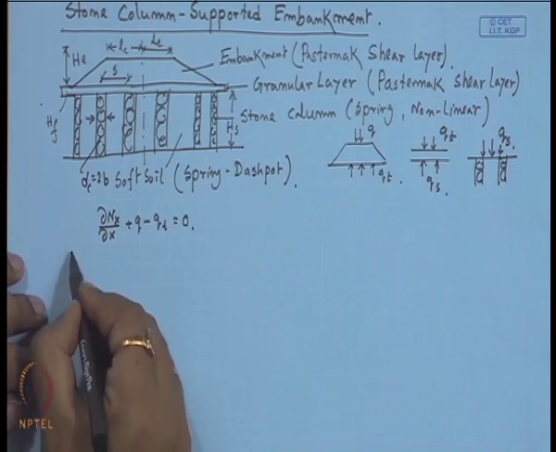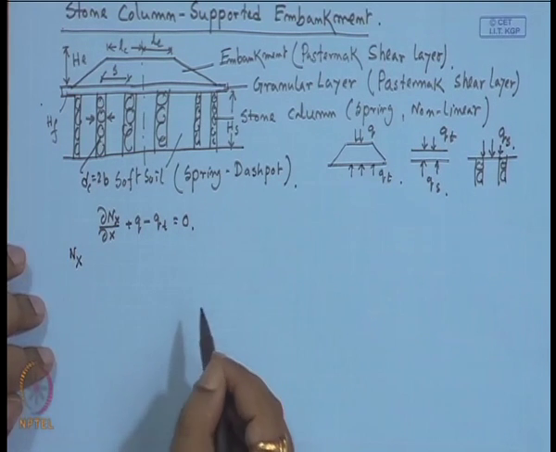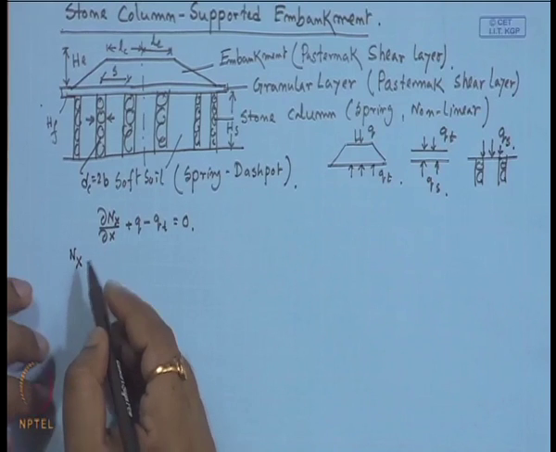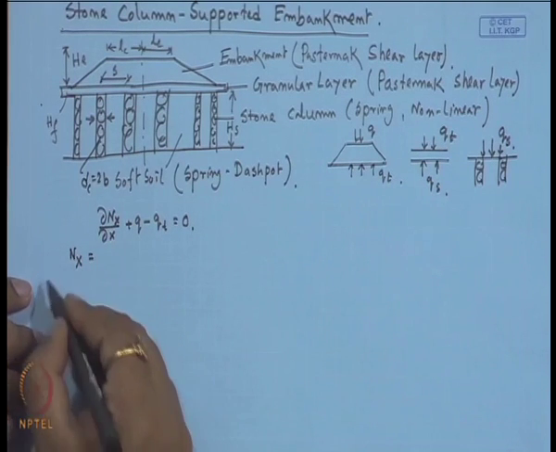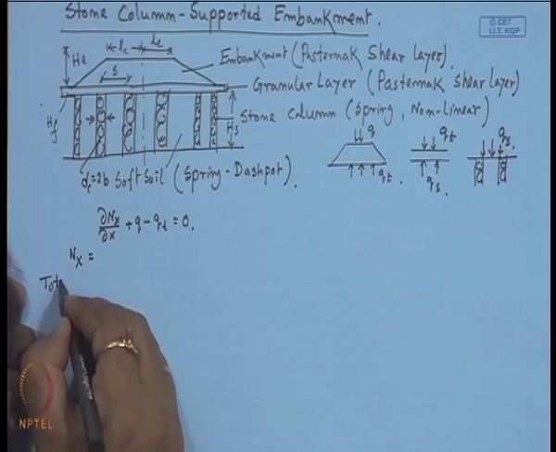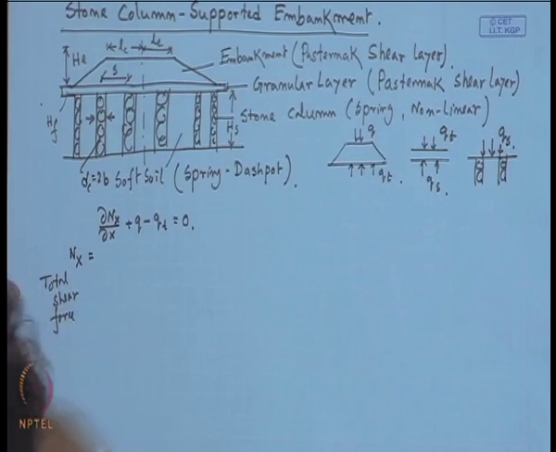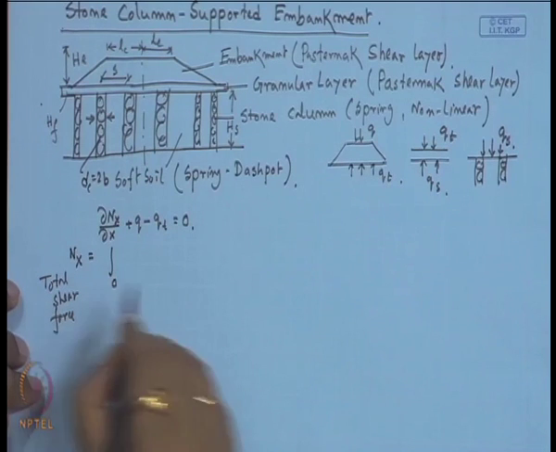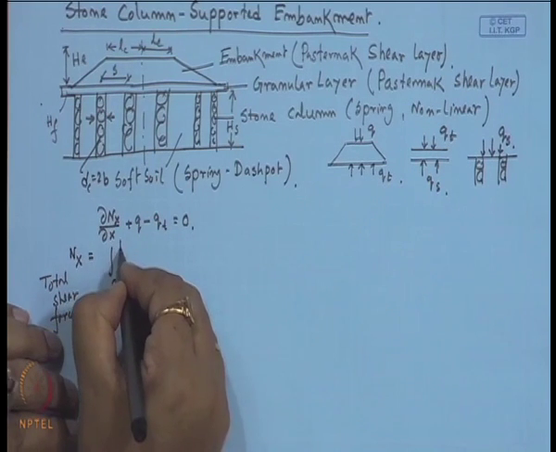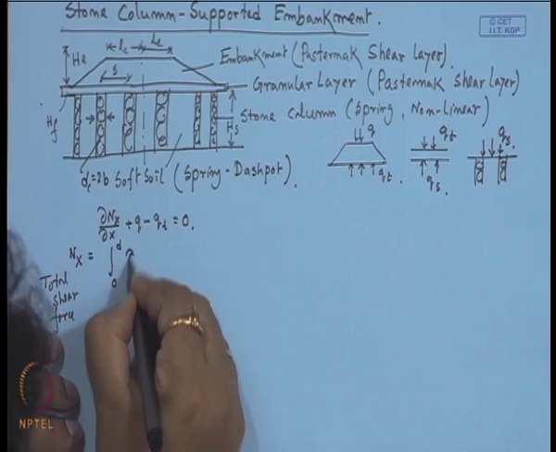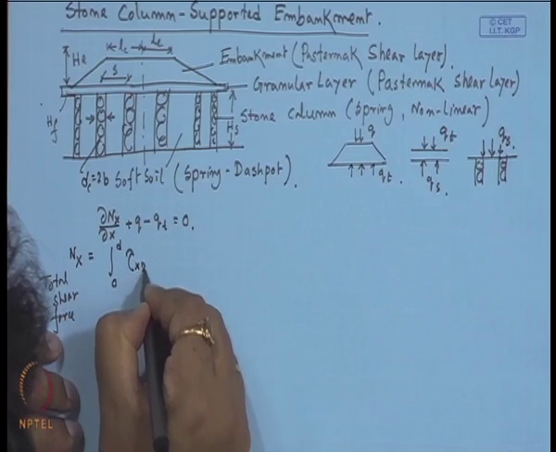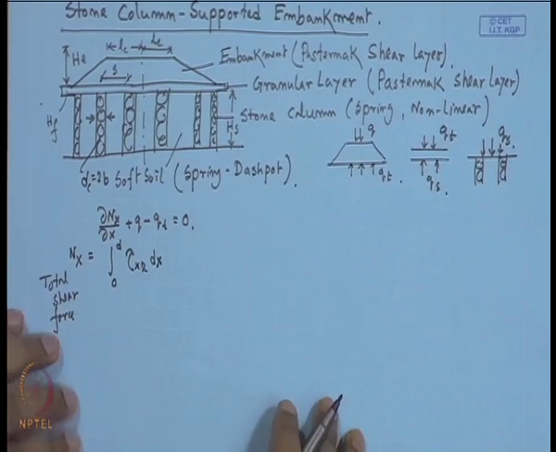So, now in this expression, q t and the total expression we have to write in this form. N x is the total shear force, and we can derive it as the integral from 0 to d of tau x z d z.